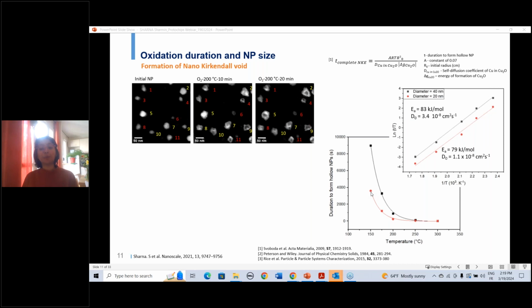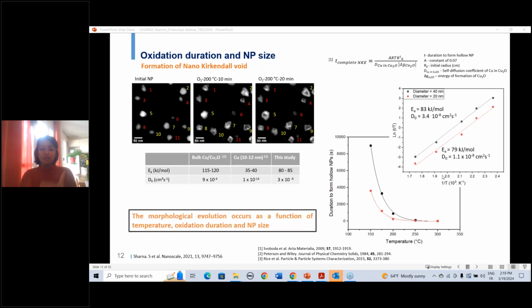So using a theoretical model proposed by Svoboda for such nanosystem and spherical system, we have used an Arrhenius equation to plot diffusion coefficient versus temperature relation in order to find the diffusion coefficient at 0, as well as the activation energy to go towards this diffusion.